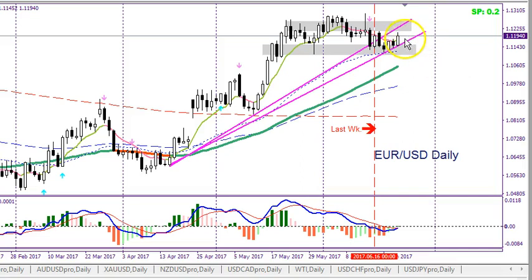So again, be cautious with what you're doing. The resistance area here, I'm looking at 112 to 112.50. This is the resistance zone where we have to see if price will break higher or turn around and reverse again.